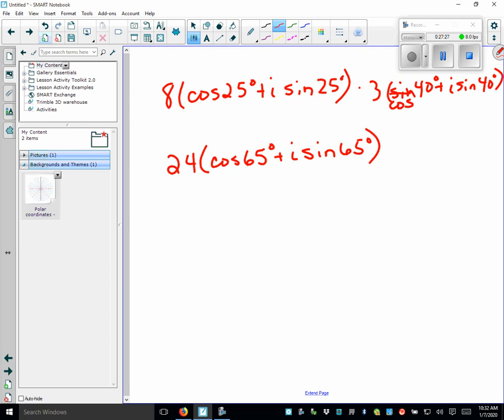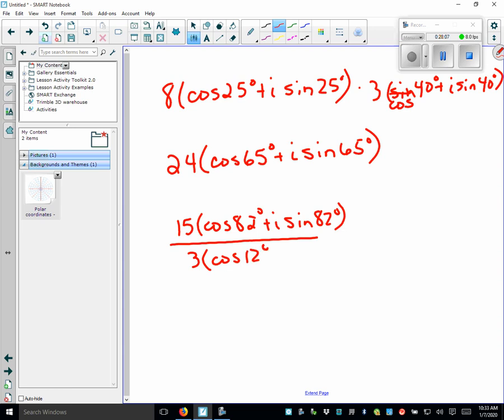What if I now ask you to divide? Same instructions, still in polar form. Directions say divide.